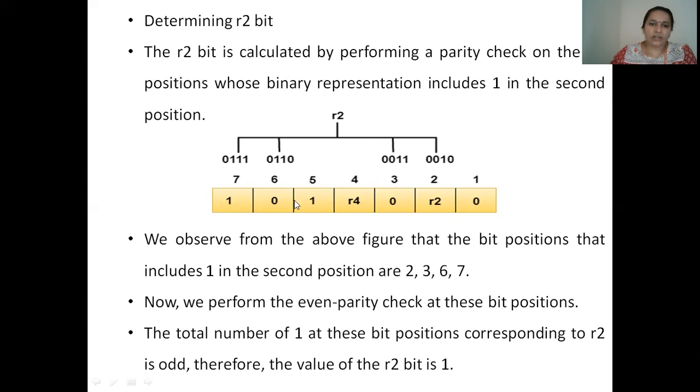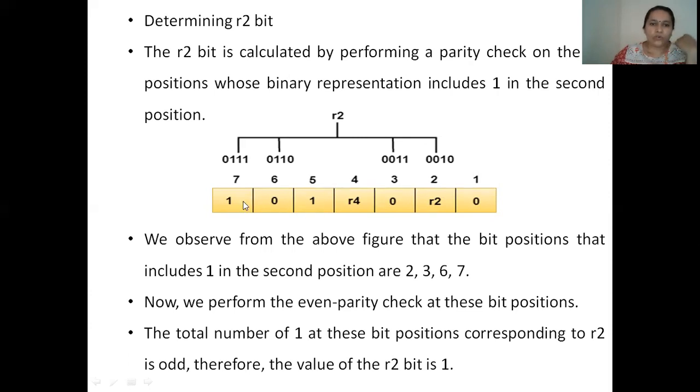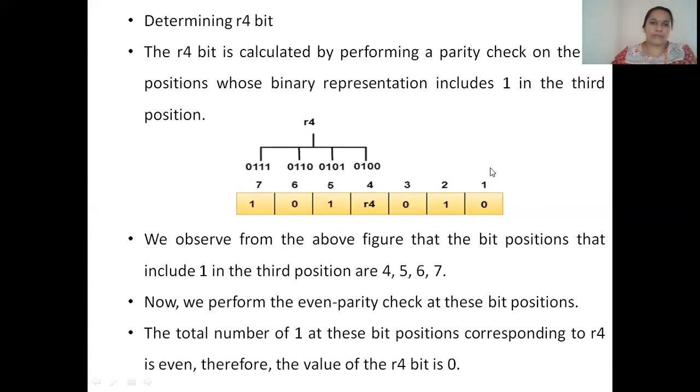It is going to be 1, 0, 0 are the 3 data bits. The parity of these 3 bits is odd parity because there is only one single 1 in the 3-bit combination. Therefore, the value of R2 should be made 1 in order to make it even parity. Thus, the value of R2 bit is 1.